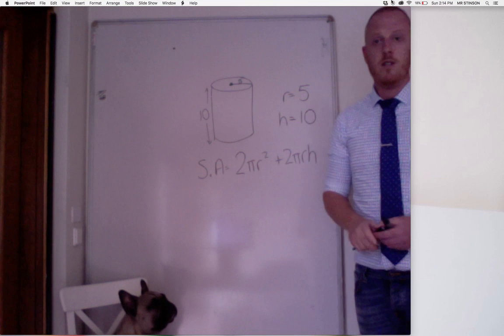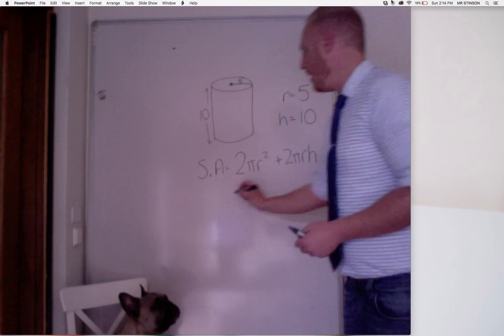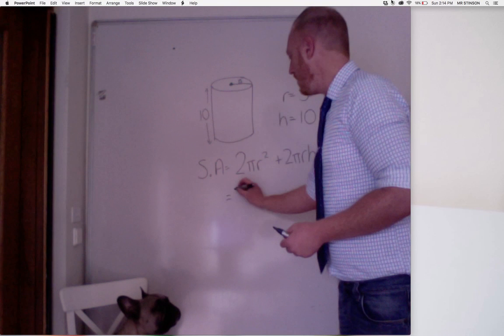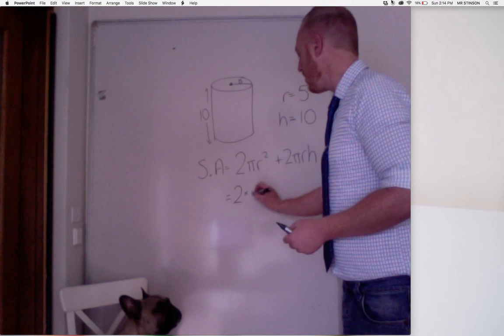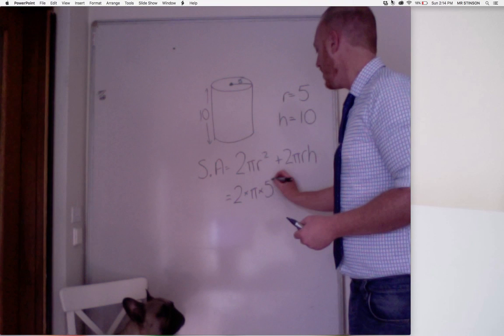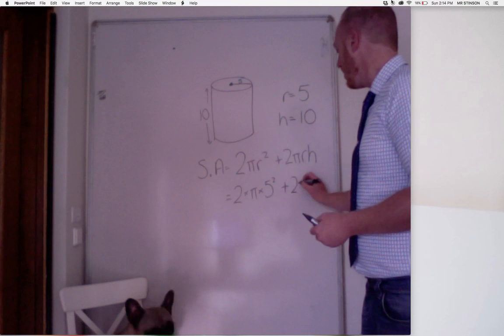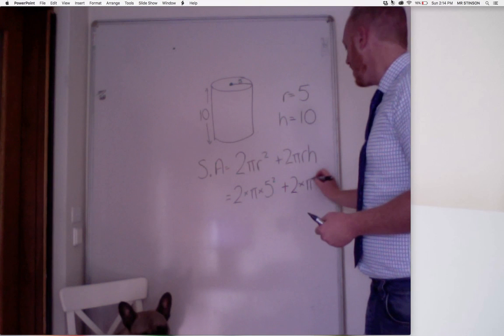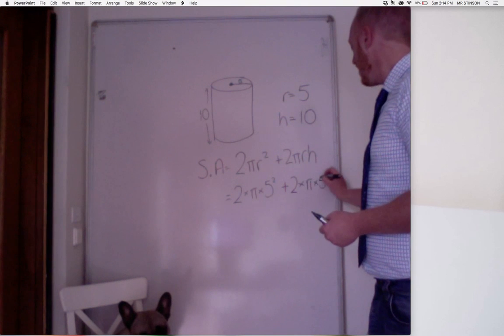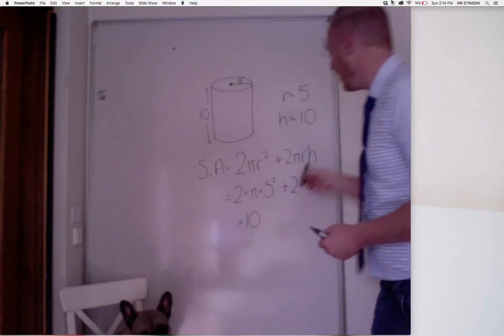Let's do our third step and substitute these values into our formula. The surface area would become 2 times pi times 5 squared plus 2 times pi times 5 times 10, the height.